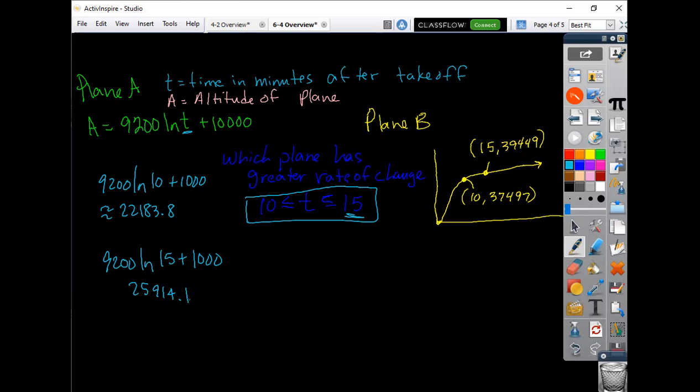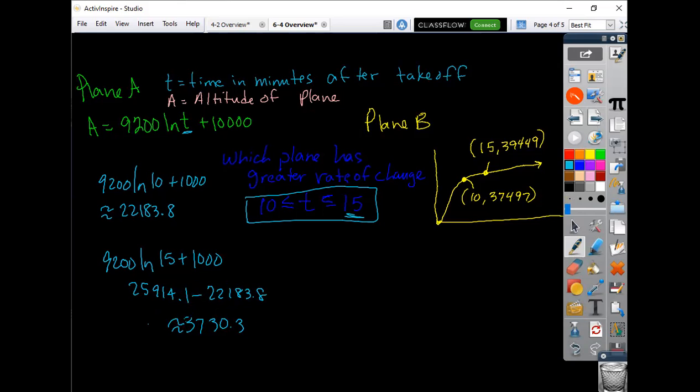Subtract those two, 25,914 minus my 22,183, and come up with a difference of about 3,730.3.